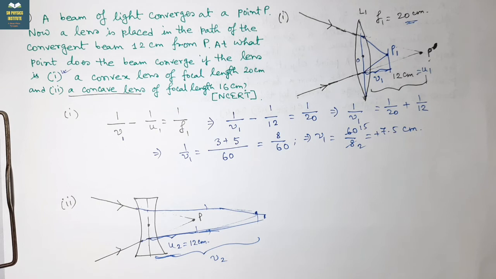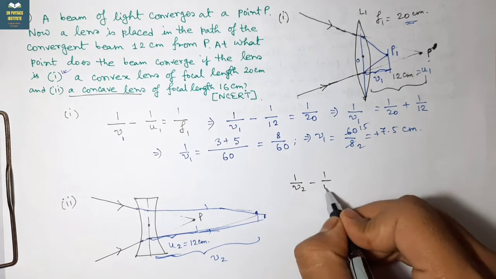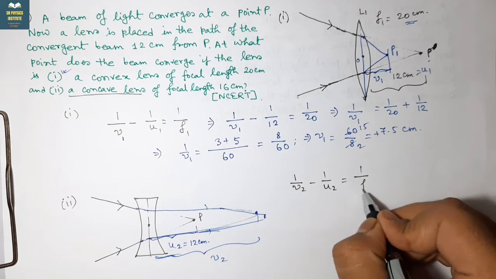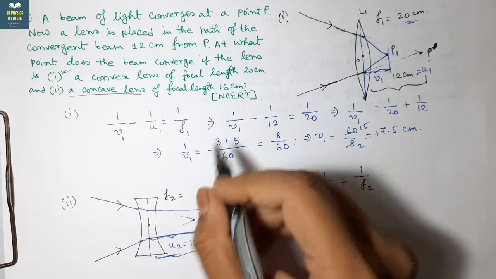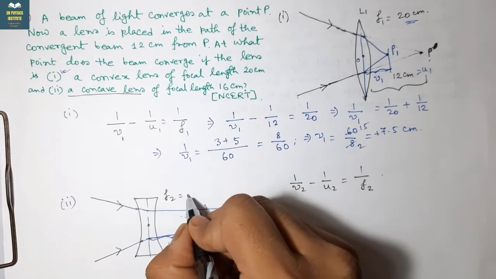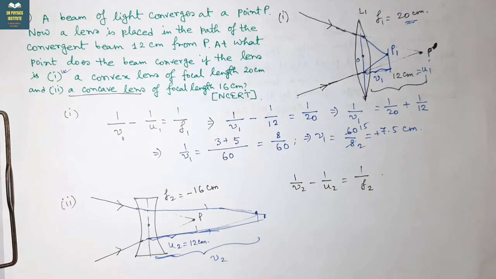If I apply the lens formula, 1 by v2 minus 1 by u2 is equal to 1 by f2. Here f2 is given as 16 centimeter, but it is negative because this is the concave lens.